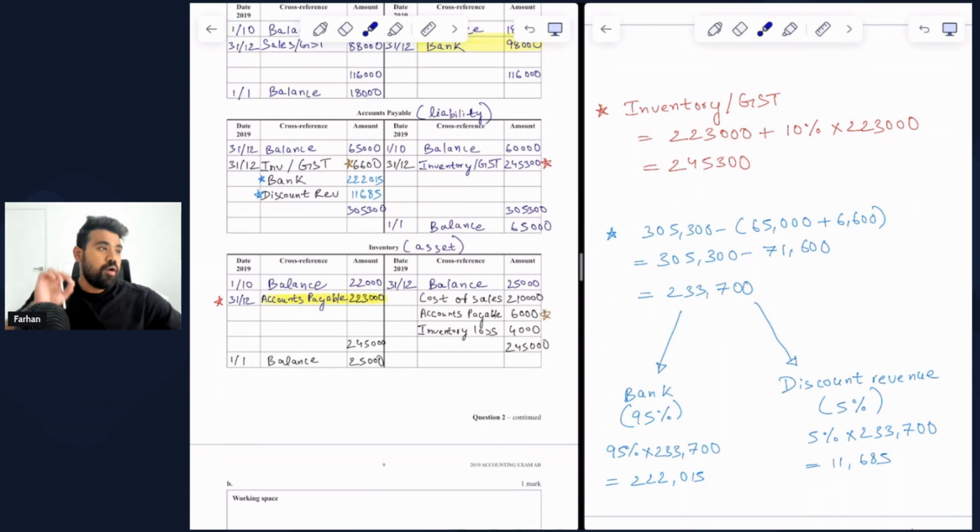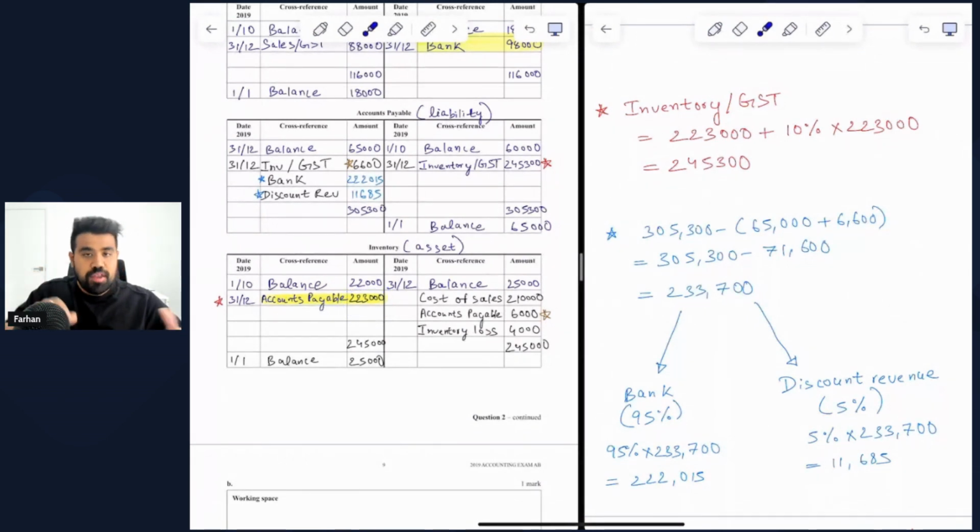Okay, now let's go back to the accounts payable reconstruction. So remember, we stopped after we discussed the opening and the closing balances, but let's see what else is there to be done. Now, we understand that during the period ending 31st of December 2019, we purchased $223,000 of extra inventory from our credit suppliers or accounts payable.